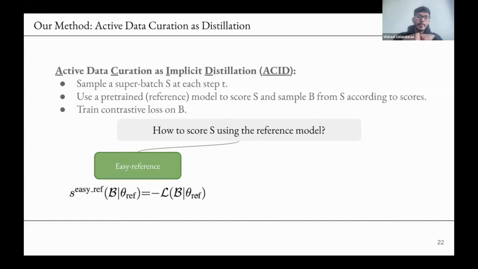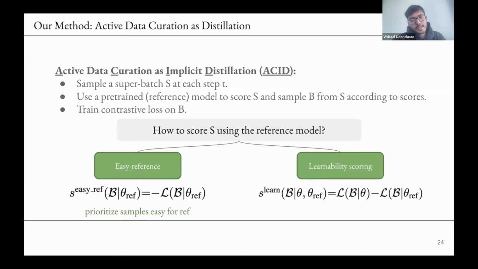If you deconstruct this, you're giving higher scores to samples that the teacher thinks are easy, or has low loss on, because your score will be high when the loss is low. Hence this means you want to take all of the samples that the teacher thinks are easy. Hence, we call it easy reference or easy teacher.